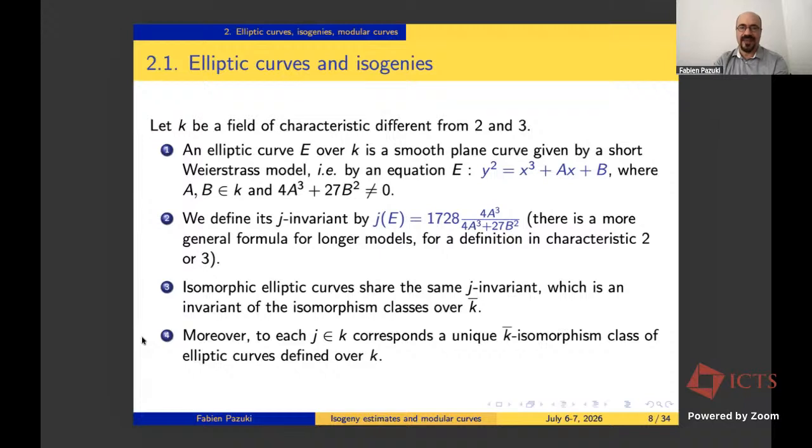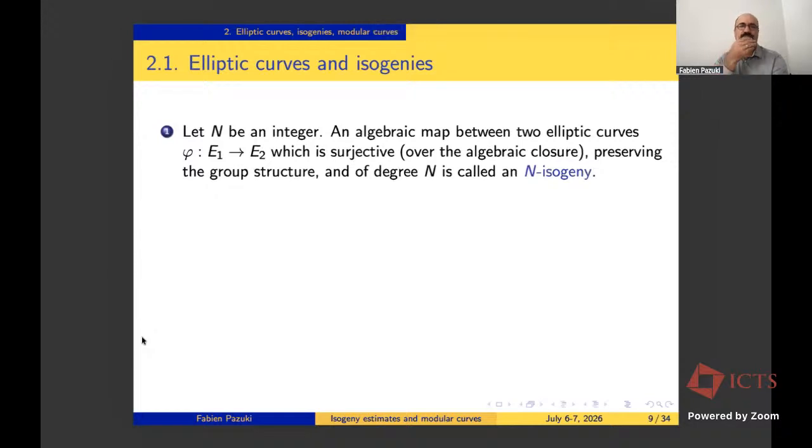Okay, so these are the basic objects in the construction of X naught of n. So these are elliptic curves. Now we have the curves, we need the maps. So let me now take n to be a natural integer, and let me consider algebraic maps between two such elliptic curves.